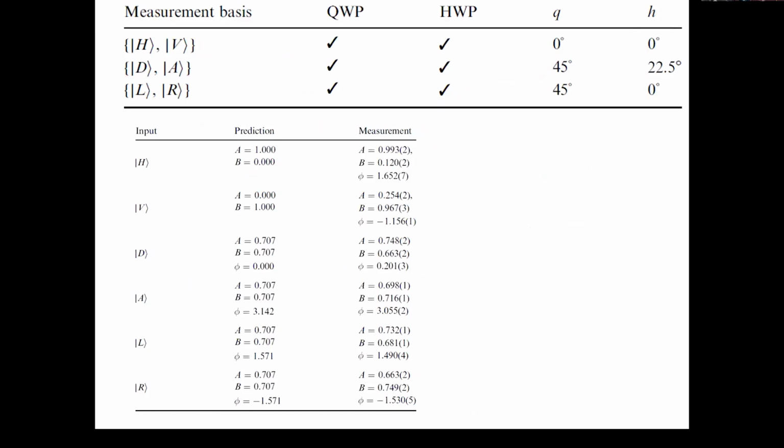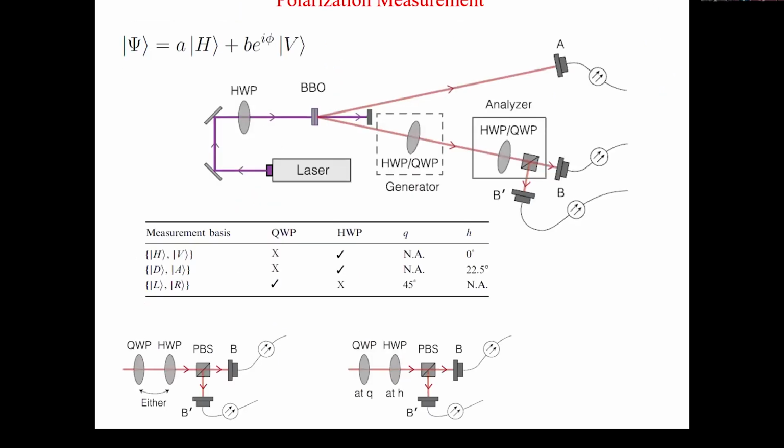And you can input H state, vertical state, diagonal, anti-diagonal, L, R. These are your predictions and these are your measurements. There is very close agreement between the measurement and the prediction, with the same scheme that I mentioned earlier in the morning. So you can measure your quantum state, which is really measuring A, B, and phi, with high accuracy.